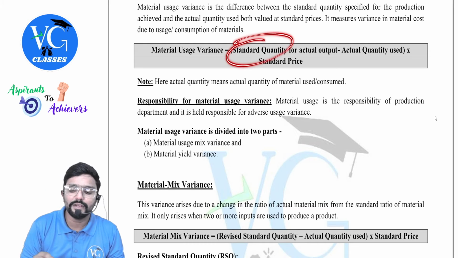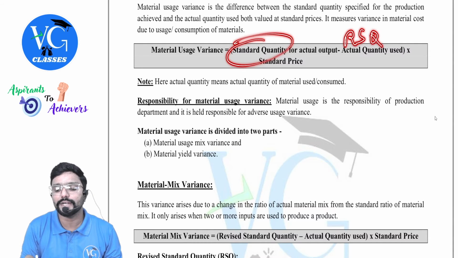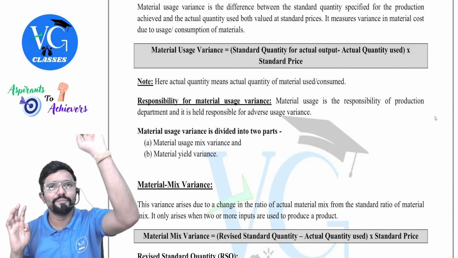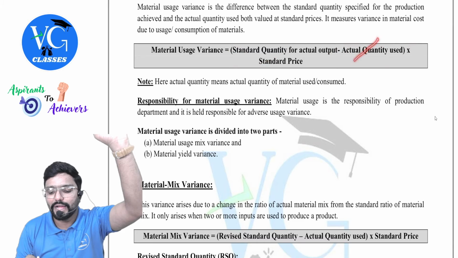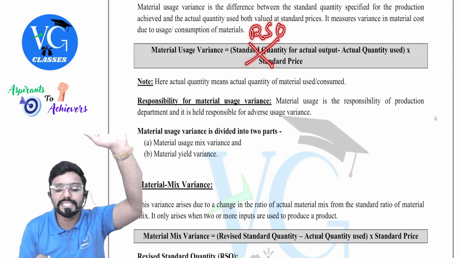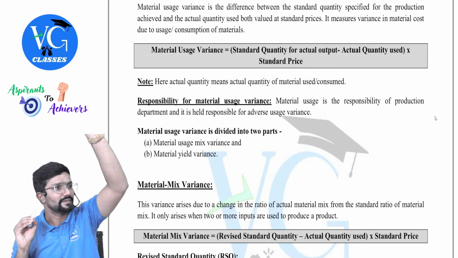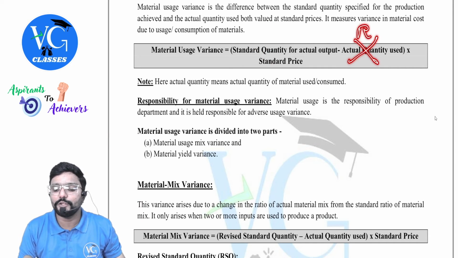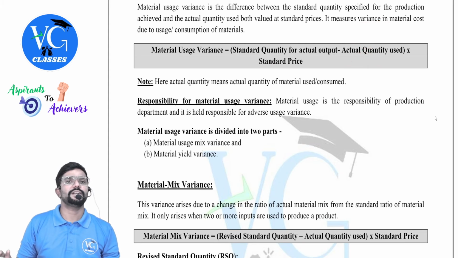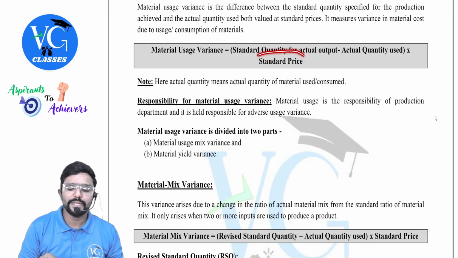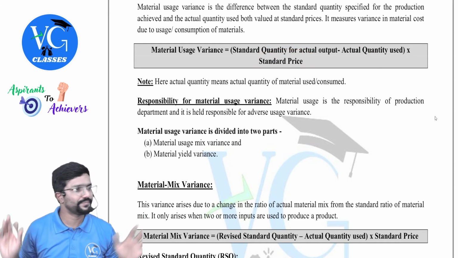Let standard be here, bring revised in place of actual. Only an interchange of position. For mix, you remove standard quantity and bring revised standard quantity. And for yield, you remove actual quantity and in place of that put revised standard quantity. The multiplier will be the same, standard price.